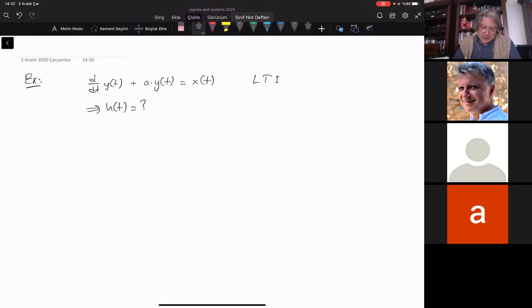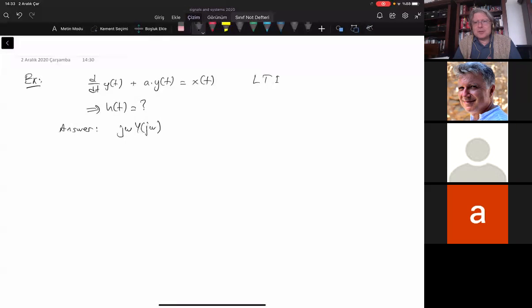What we do is, we take the Fourier transform of the input-output equation or the differential equation. What is the Fourier transform of d by dt y of t? It is j omega y of j omega. That's the property, right?